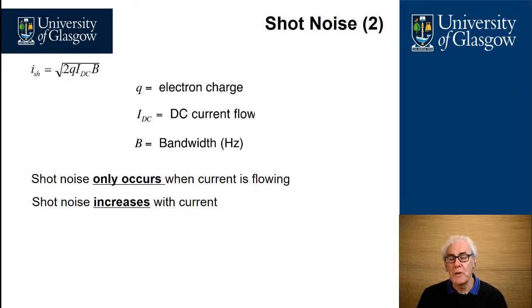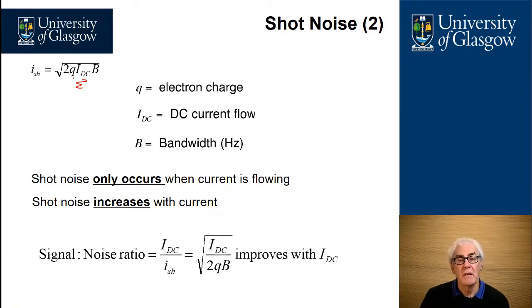Shot noise increases with current, as you can see from the equation up here, and it increases with the square root of current. And we can actually use that to our benefit.